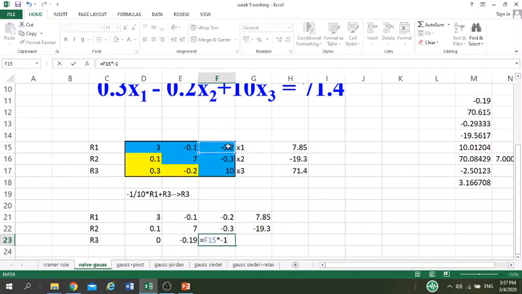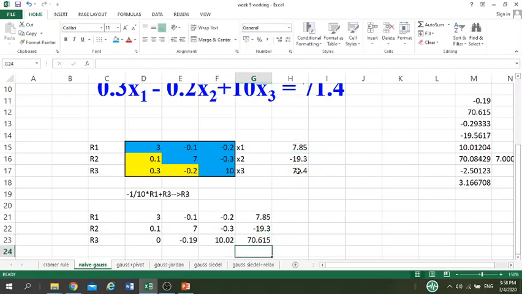Same thing here, times minus 1 over 10 plus. Okay, and also here, minus 1 over 3 plus, sorry, this first row plus.